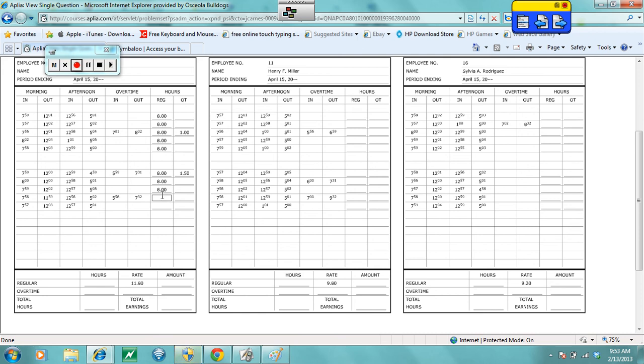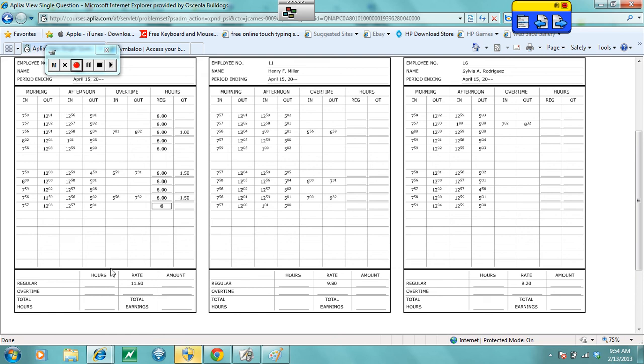Here again, we're looking at the same time frames. 8 o'clock, 8 hours. Here we're looking at overtime. 7:30, 6 o'clock. Take 7:30 minus your 6 o'clock, you get 1.5 hours of overtime.